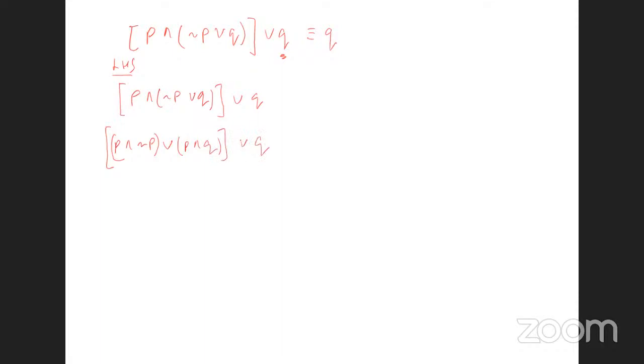P and the negation of P will always be false. So it's false or P and Q. False or anything is what?